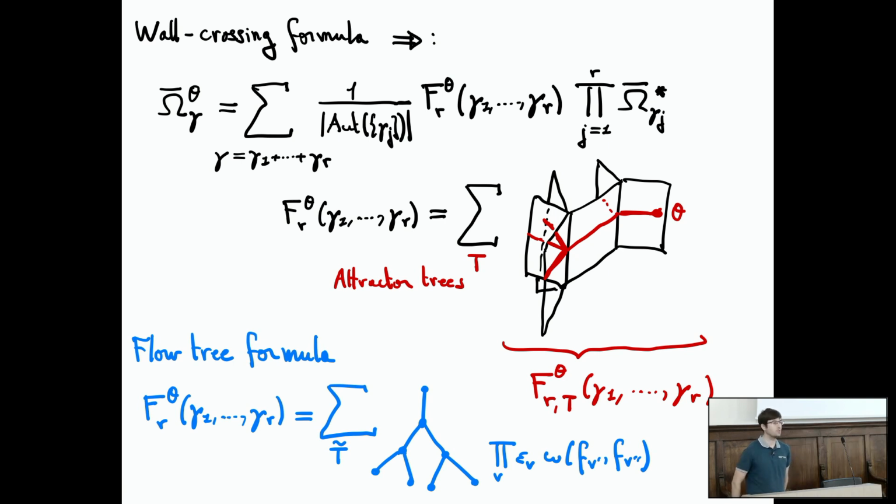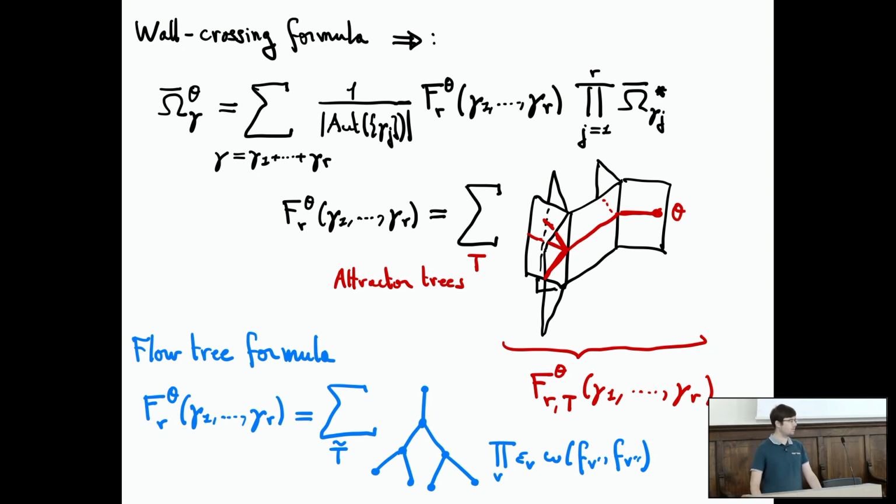And one reason to care about these attractor DT invariants, so last time we mentioned that in many cases they are extremely simple, where this is the notion of trivial attractor DT invariants. In many cases, these numbers are just 0 or 1. So sometimes they are very simple, and they can be used to reconstruct the general DT invariants. And last time we mentioned essentially two statements.